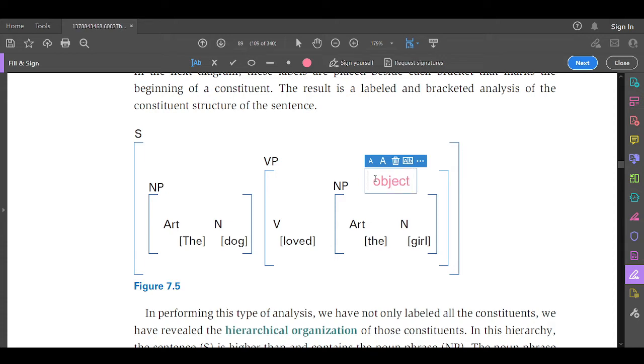Object is a noun, always a noun, right? The subject is also a noun. So subject, verb, object. NP means a noun phrase: we have an article and a noun, the dog. VP is the verb phrase: we have a verb, loved, and an object, the NP, the girl.